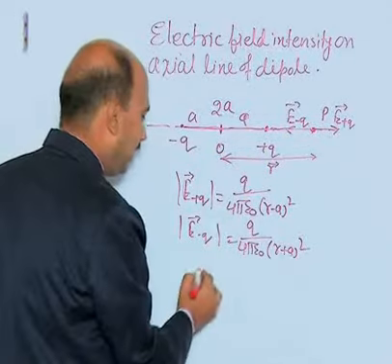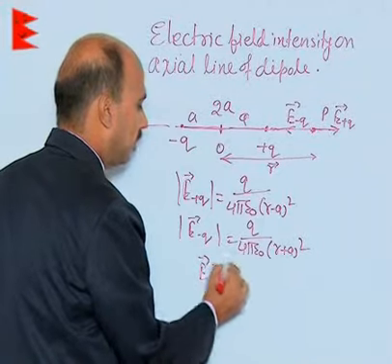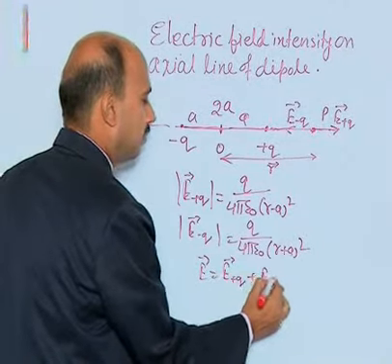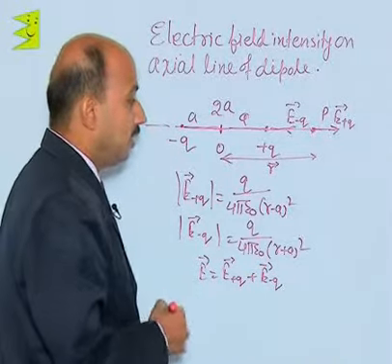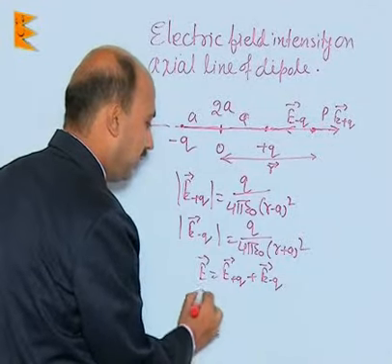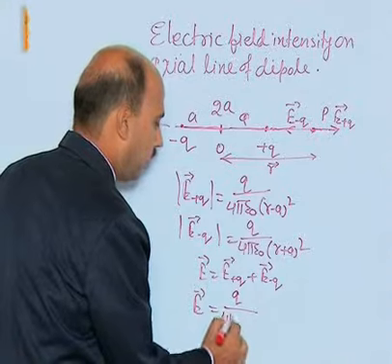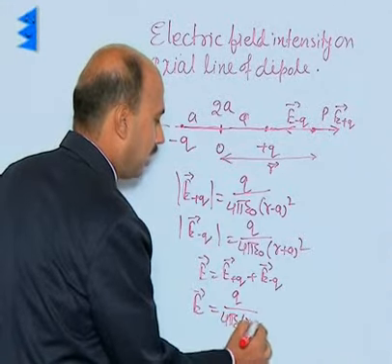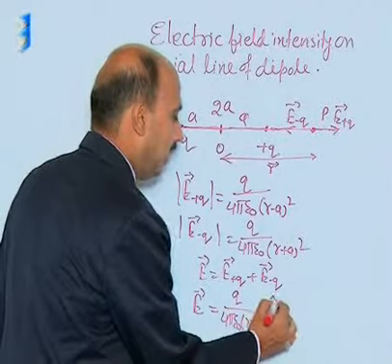Net electric field intensity we can write as E is equal to E plus Q plus E minus Q. And here we can get the net electric field. E is equal to Q upon 4 pi epsilon naught R minus A square, here we write P cap.